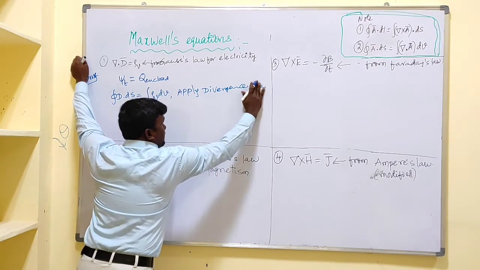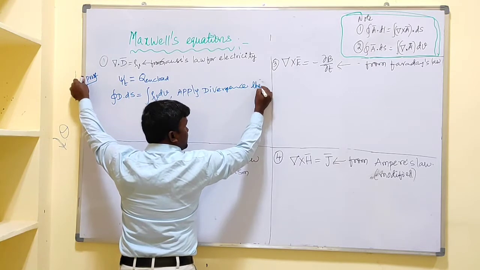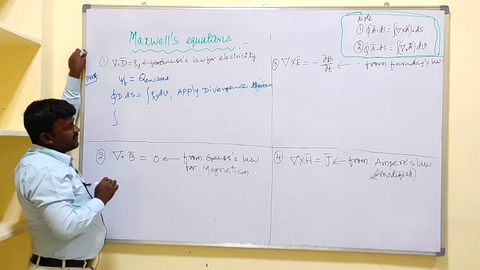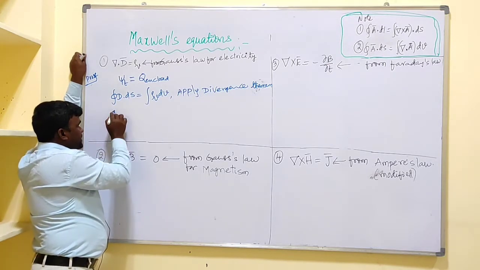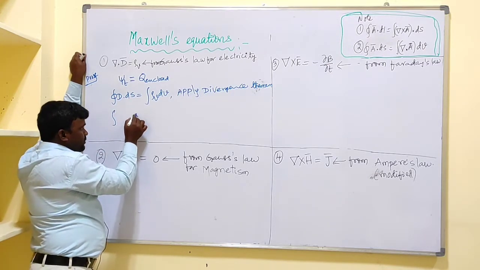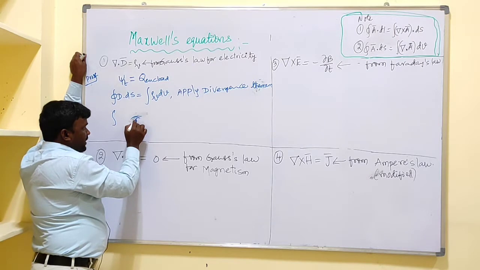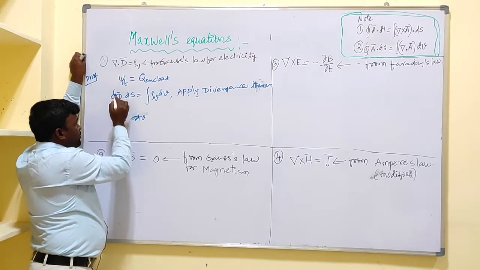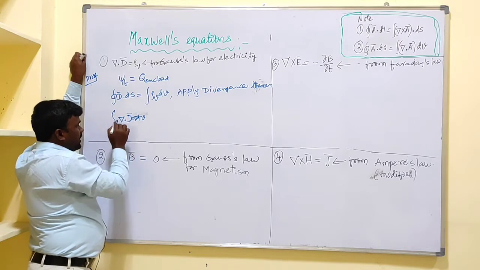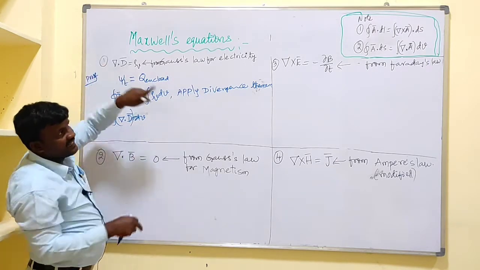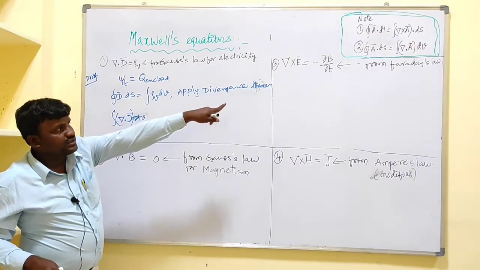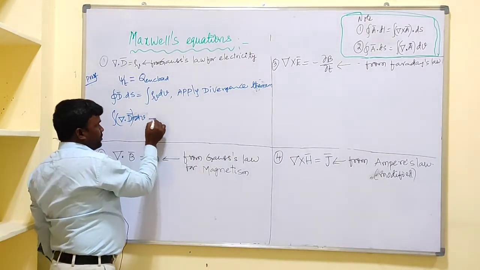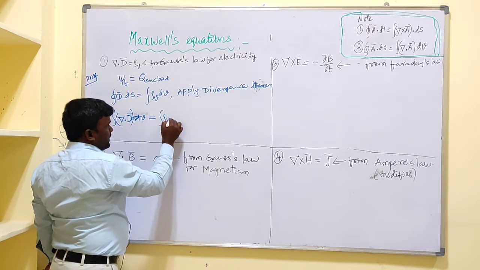If I apply the divergence theorem to the LHS of this equation, this closed surface integral becomes a volume integral and the vector D bar becomes del dot D bar. That is, integral A bar dot dS over the closed surface equals integral del dot A dv, please see that note, and here we have rho v dv.